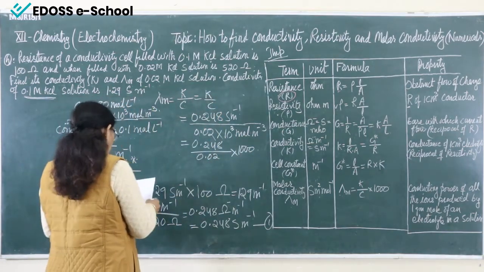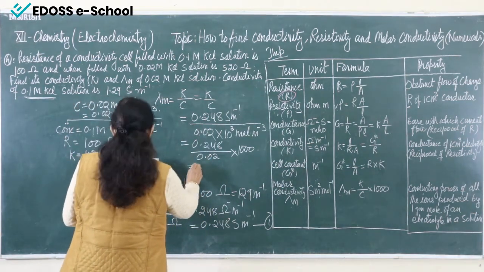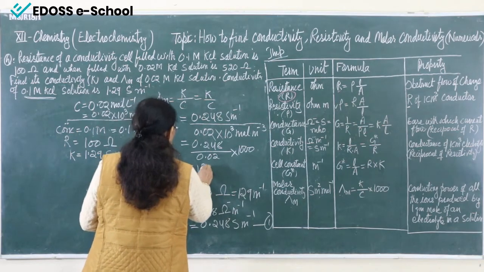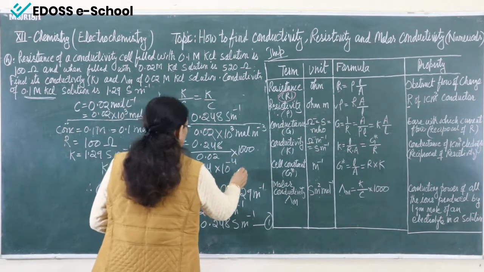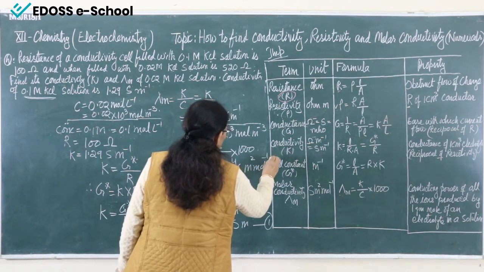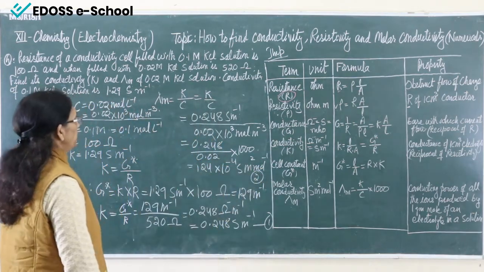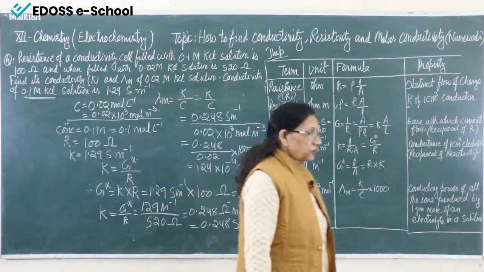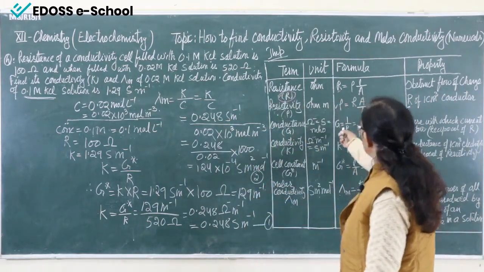After multiplying you will get the value, this will come 124 into 10 raised to power minus 4 Siemens meter square per mole. So this is our second answer. In this question you have seen that we have used our maximum formula here.